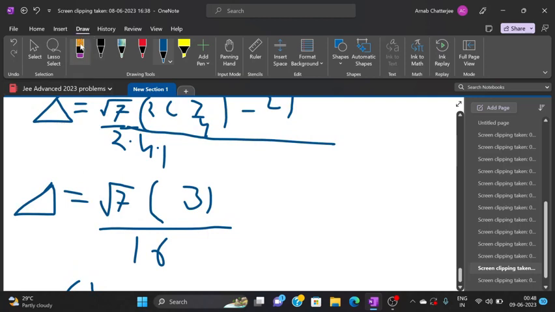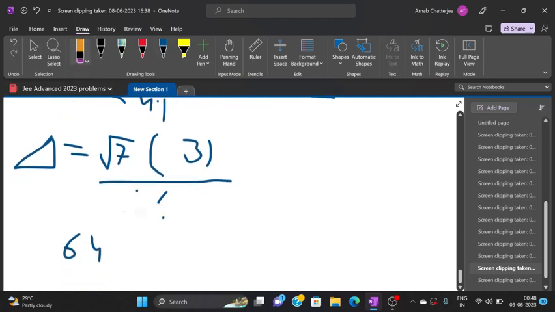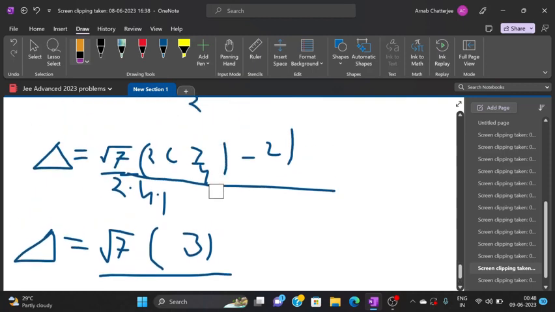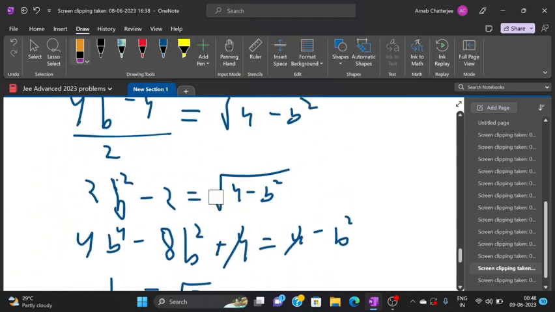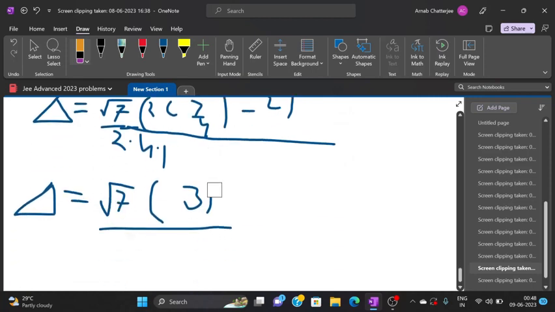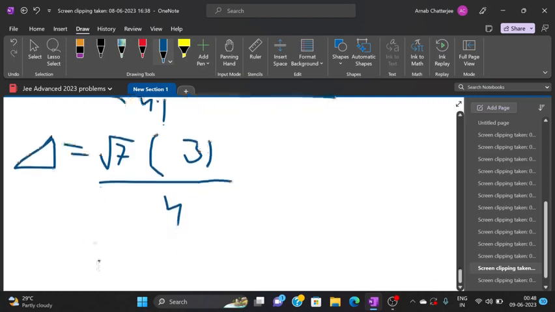Sorry, 2 by 8, I guess. Right? Root 7 into 3 by this calculation will lead to root 7 into 3 by 4. Yeah. Root 7 into 3 by 4.